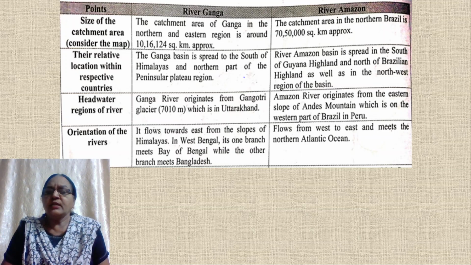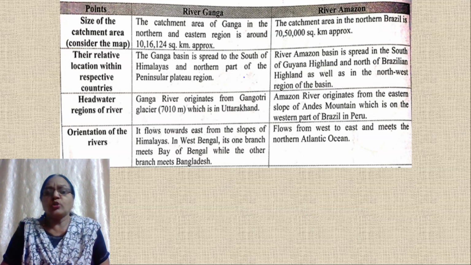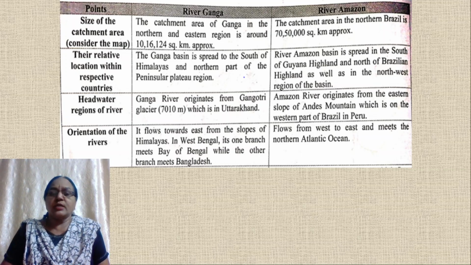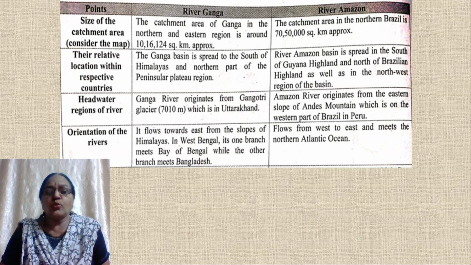We have just seen that the Amazon is spread over a wide area, towards the southern region of the Guyana highlands and the north of the Brazilian highlands, as well as the northwestern region of the basin. So the Amazon basin lies between the Guyana highlands and Brazilian highlands, and it spreads over a vast area towards the northwestern part of Brazil.